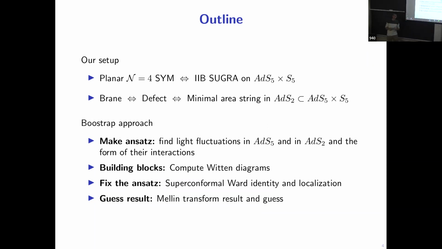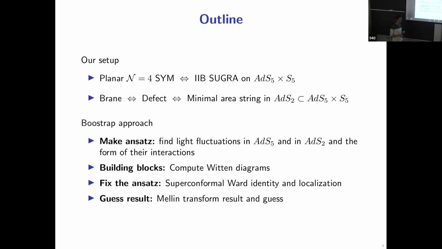So you're specializing to a line defect? So from the CFT perspective, this is a line defect because this AdS2 intersects the boundary. But really this is a surface in AdS. This is a string, which means a two-dimensional surface.